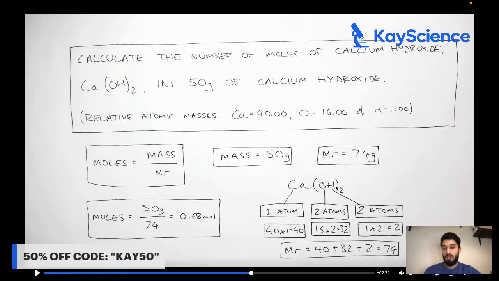And then hydrogen has an AR of 1. There are 2 hydrogen atoms because the one hydrogen atom is multiplied by 2. So then the MR of the hydrogen is 2. We add these numbers together. This equals 74. We do 50 grams divided by 74, which equals 0.68 mole.